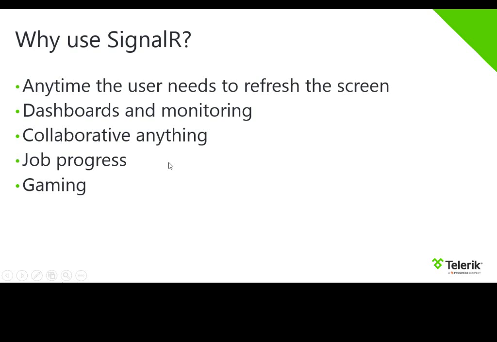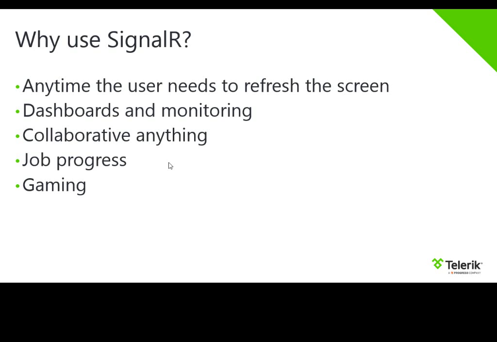Last but not the least, this can be used for gaming also. In gaming, you need the leaderboard to be updated depending on how many people are playing the game. The leaderboard has to be real time. It doesn't make sense if I open the game and look at a leaderboard that is not refreshed, and then I go back and see stale data.